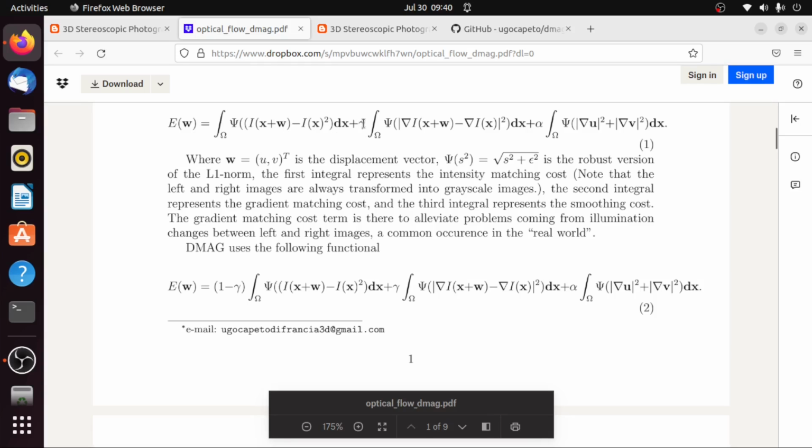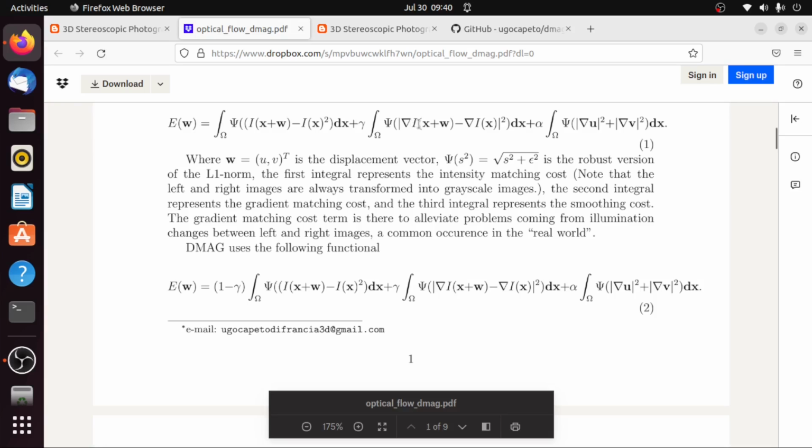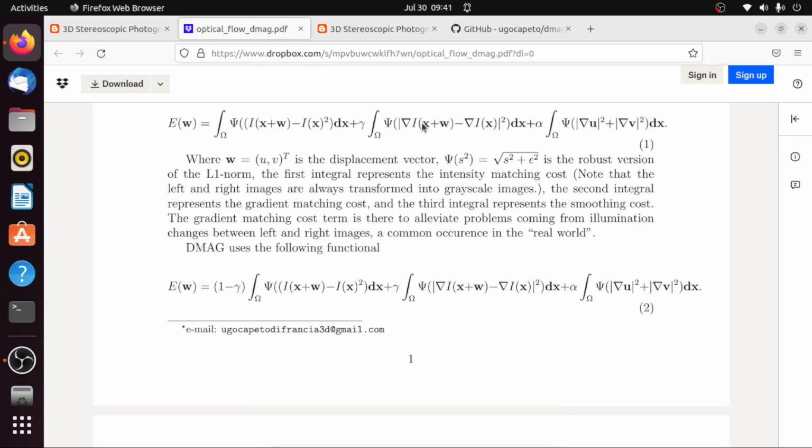Here you have a gamma, which controls the amount of, no, it's not smoothing. Here I look at the intensity, and here I look at the derivatives. Why would you want to look at the derivatives instead of the intensity?